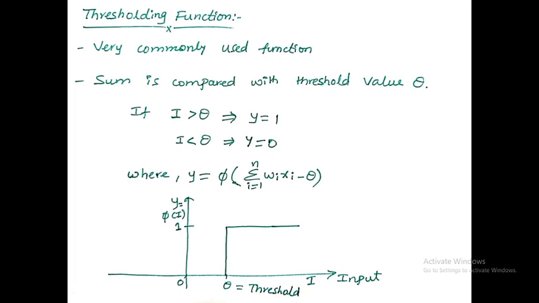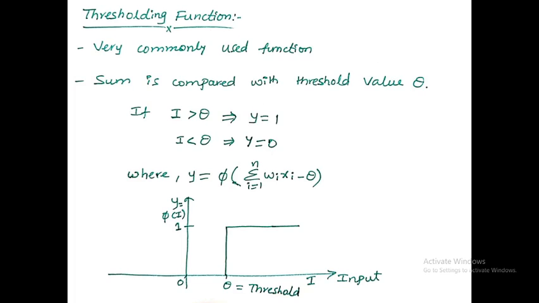One of the activation functions here is the thresholding function. So what is the thresholding function? Generally this thresholding function is very commonly used in the ANN. The sum is compared with the threshold value theta in this thresholding function.